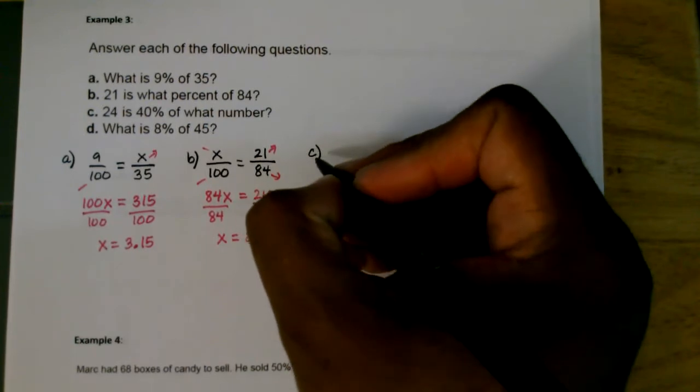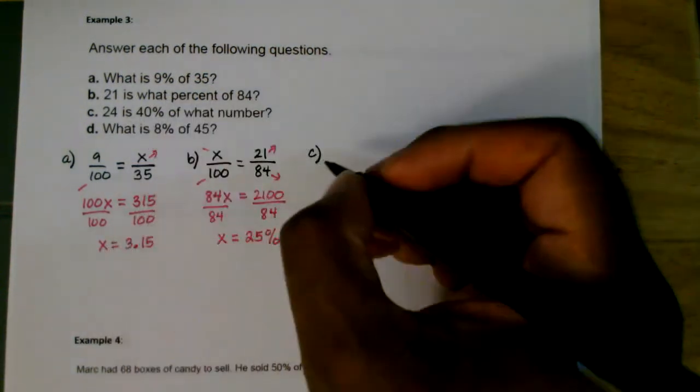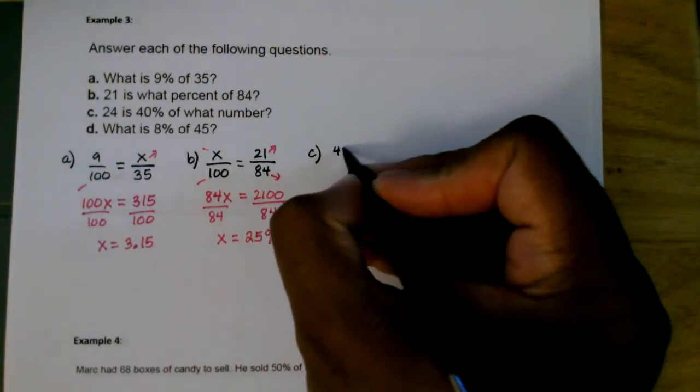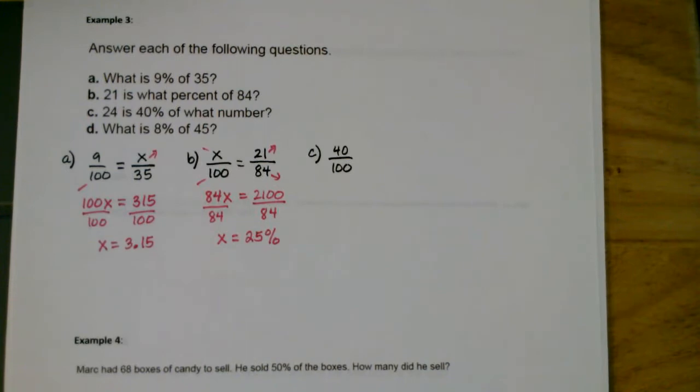All right, part C. 24 is 40% of what number? And I want to solve this. Well, let's set this up as a proportion. 40%, I can write that as 40 over 100 because of the definition that n percent is n divided by 100.